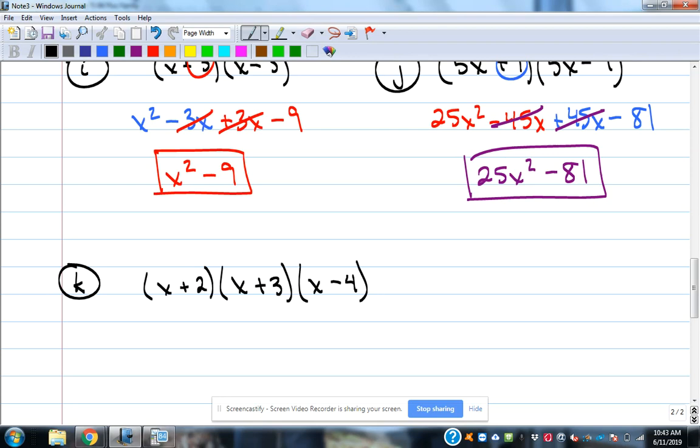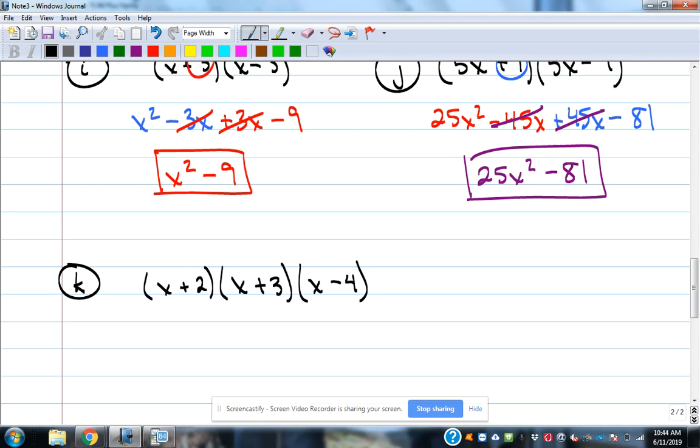With multiplication, when you're multiplying things together, does it matter what order you do it in? No, multiplication, 2 times 3 is the same thing as 3 times 2, right? So it really doesn't matter where you start with this problem, but you're going to pick 2 of them to multiply together and then get that answer and then multiply it by whichever one you hadn't used yet.